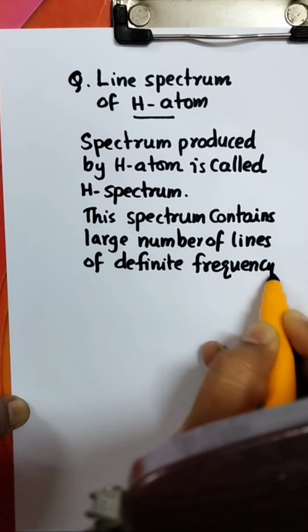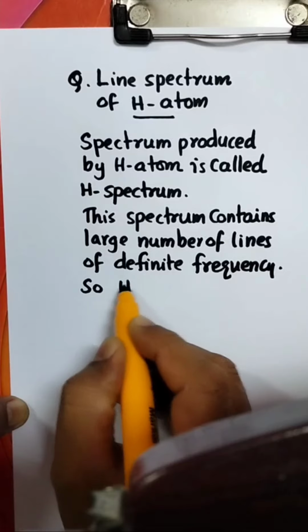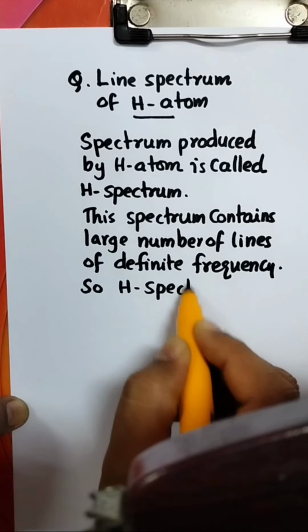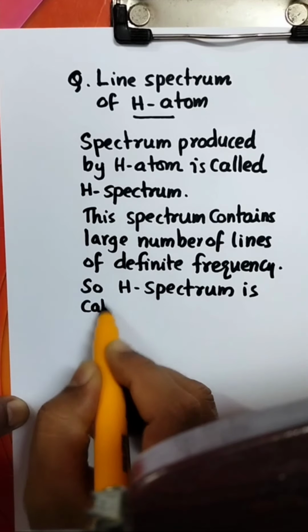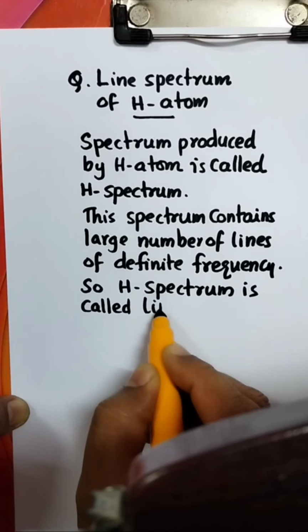So, hydrogen spectrum is called line spectrum.